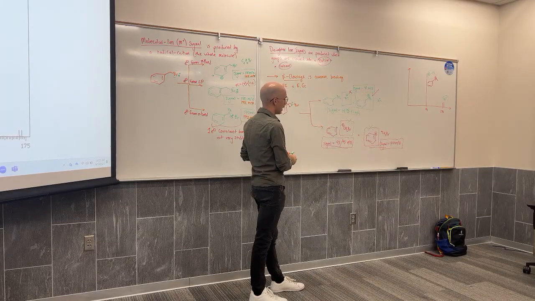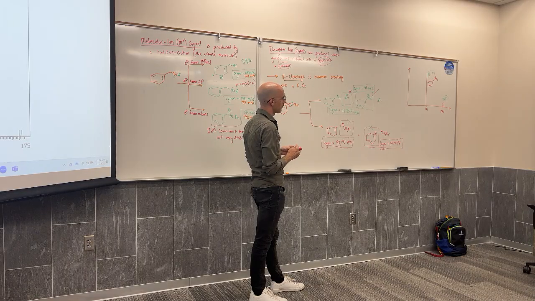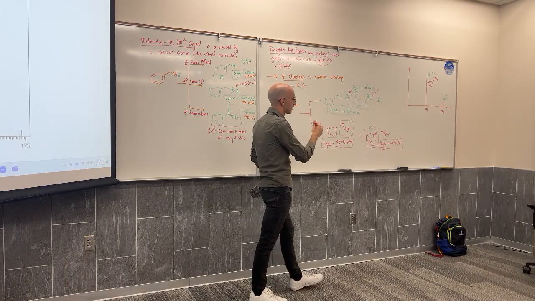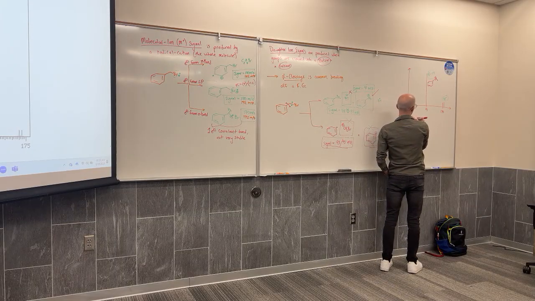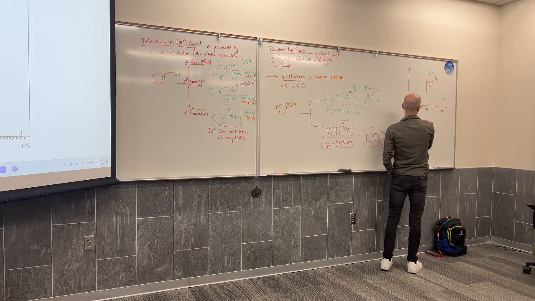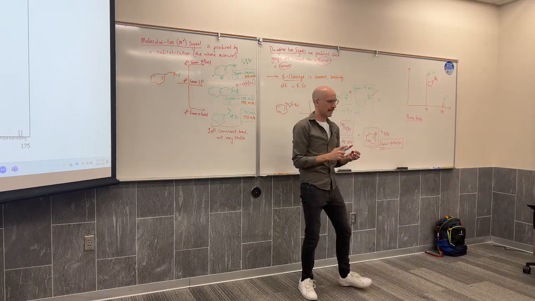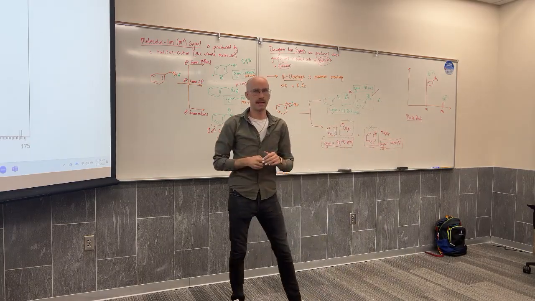There's one more name that is often given to some of these signals, and that is the term base peak. I don't know what base peak might mean to you.